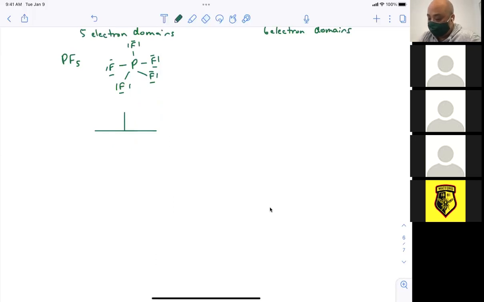Maybe I'll draw it like this, because since we've done wedge dash notation now, you can kind of understand that a little better. So it's in 3 dimensions. The dash is going away from you and the wedge is coming toward you. Now, this is 90 degrees, and each of these is 120 degrees. So there's 2 different angles you have to know for this.